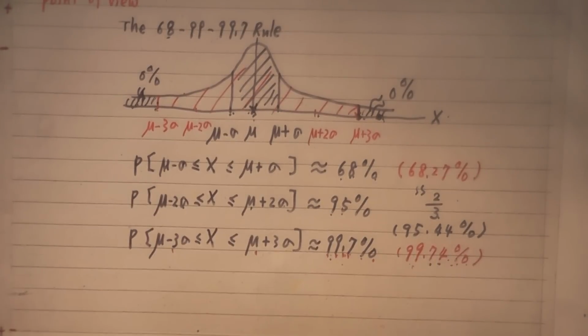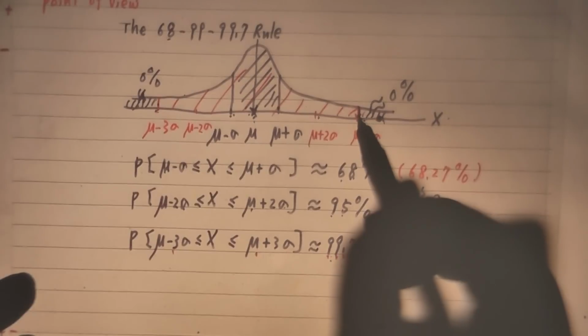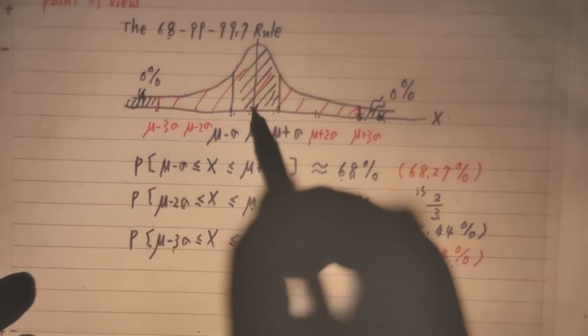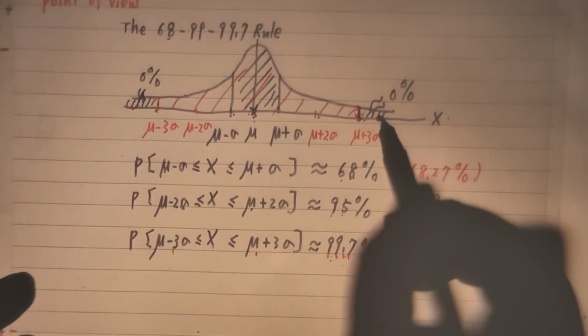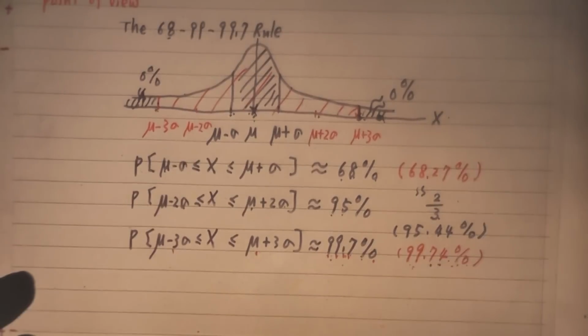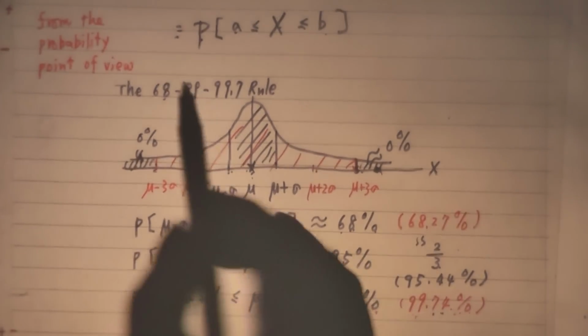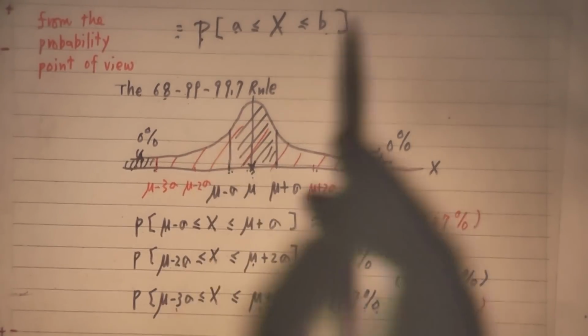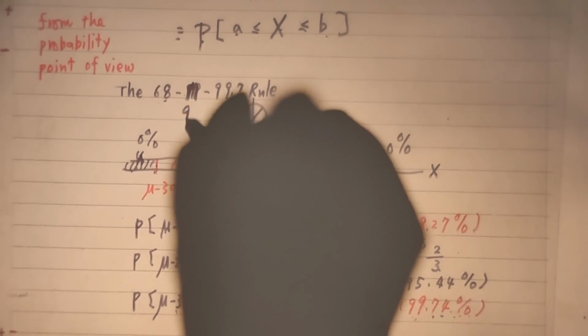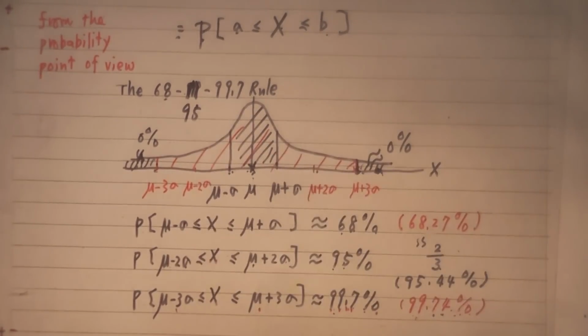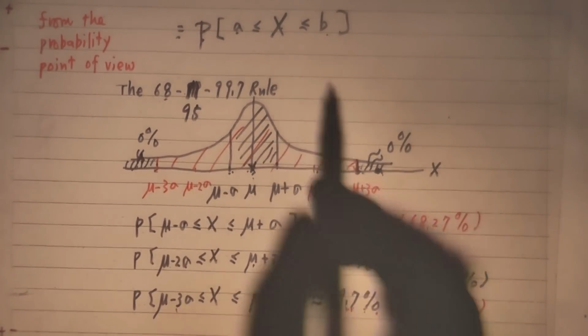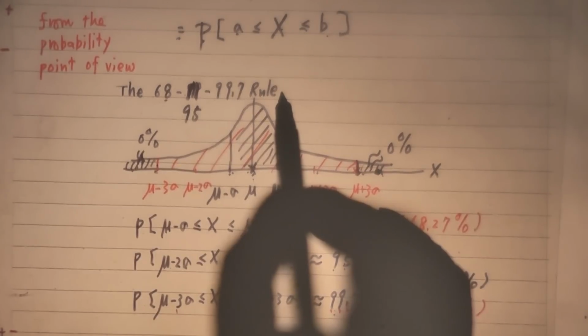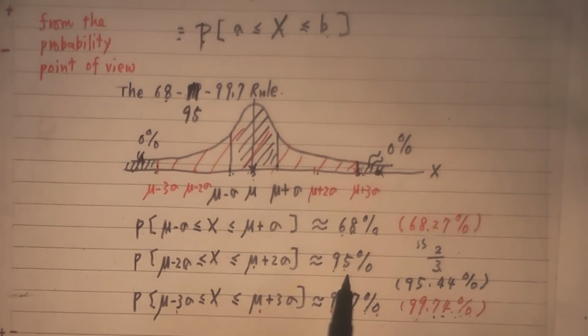In simple language, if the data set really comes from a normal distribution, you can hardly find any outlier. Okay? That's what we say. And the 68, 95, 99.7 rule is a very important feature for the normal distribution, okay?